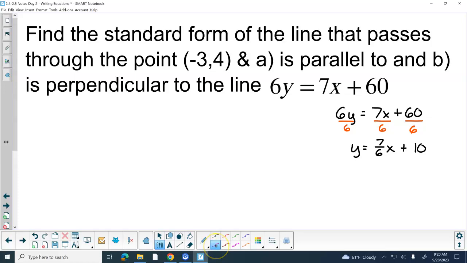So that's the slope of my original line. From that now, I need to first go parallel. So what is the parallel slope to 7/6? 7/6.